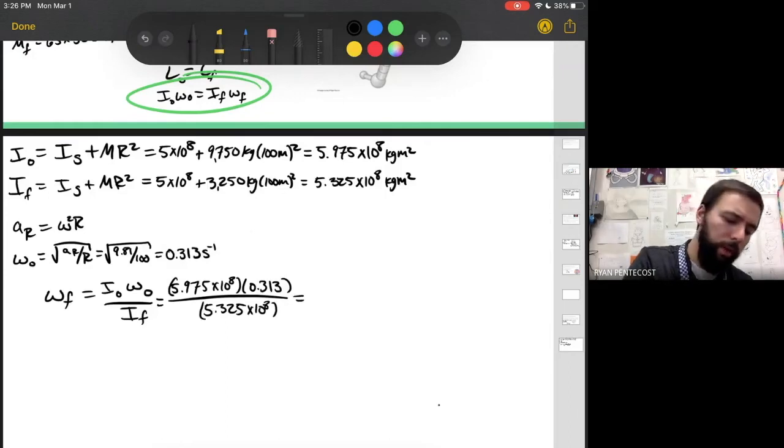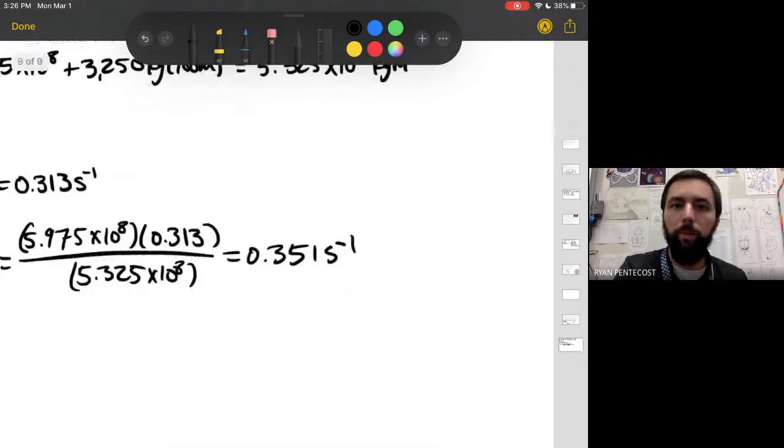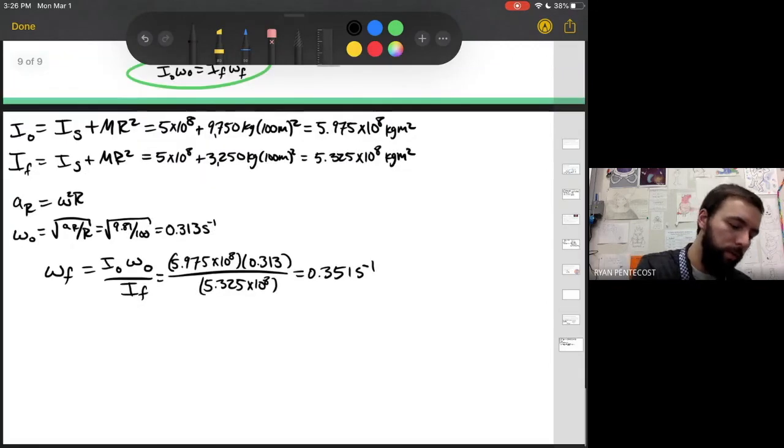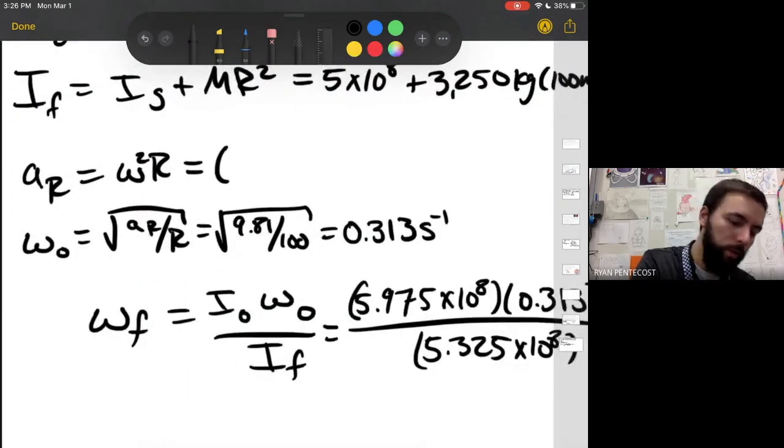And when I put that in my calculator, I get 0.351 inverse seconds, but that's not the end of the problem. That tells us the radians per second on the spin, but we want to know what is the acceleration. So let's take that omega and square it.